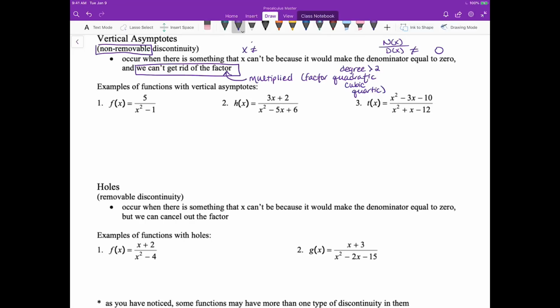So let's look at some examples of functions with vertical asymptotes. And we see here that these functions have something in common with the exponents between the numerator and the denominator.